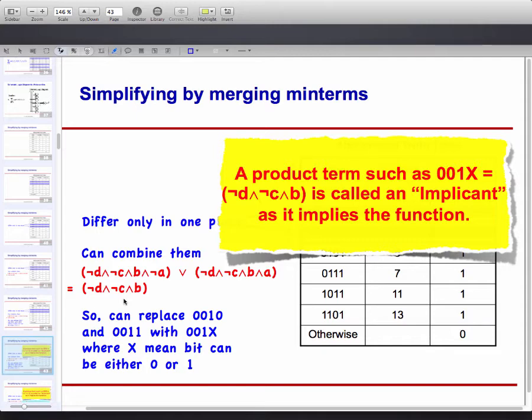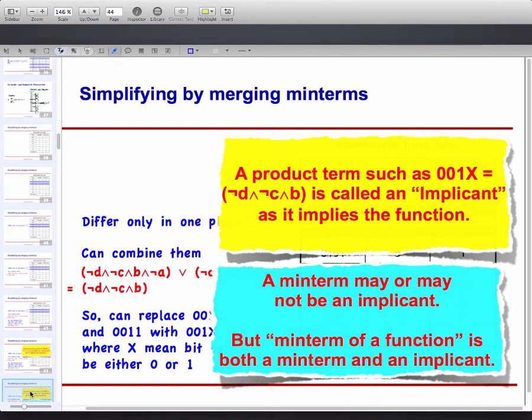So a minterm is an implicant because that's also an AND function, but not all implicants are minterms. An implicant in general may have fewer terms in the AND function than the number of inputs that my logic has. So minterms are a subset of all possible implicants. Sorry, I messed it up.